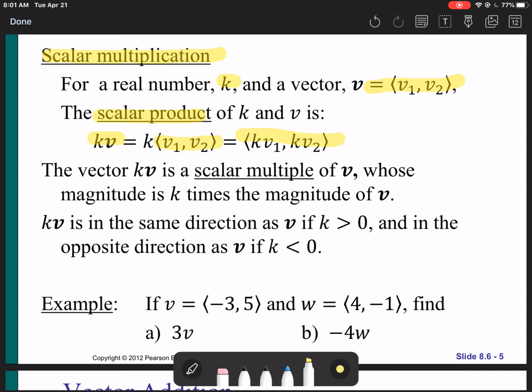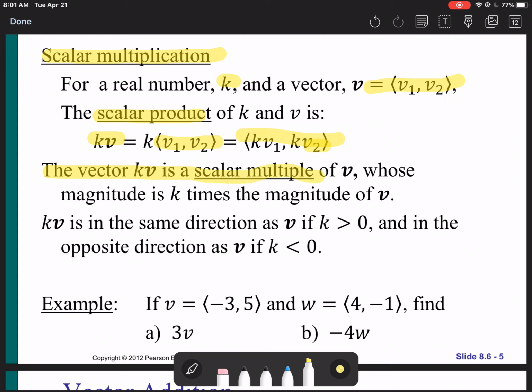And notice all we're doing is multiplying our k value times each of the components of the vector. So, it's a pretty straightforward calculation, but what am I doing? I'm multiplying a vector times a scalar quantity. Right? And so it's just a matter of multiplying each component by that k value. So what you're looking at then is a vector, this vector k times v.